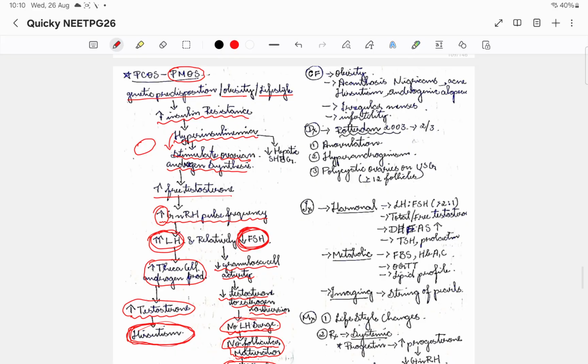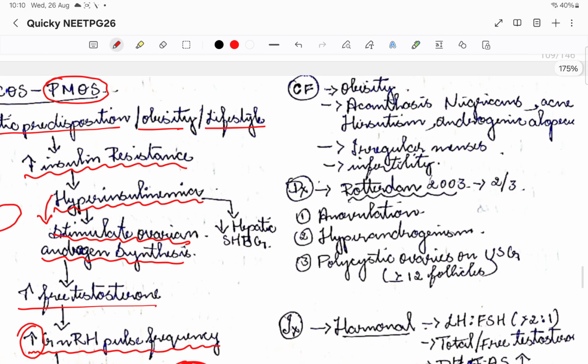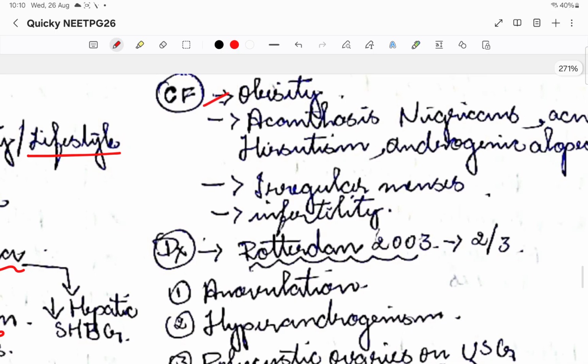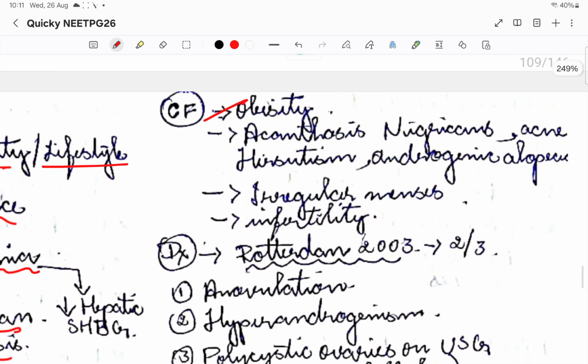Now, how is the patient going to present? Basically obesity and hyperinsulinemia-like features will be there. That was the first etiology behind this PMOS. So there is obesity, acanthosis nigricans, basically hyperpigmentation around the neck, axilla and so on.